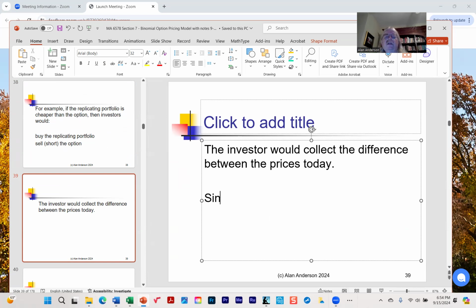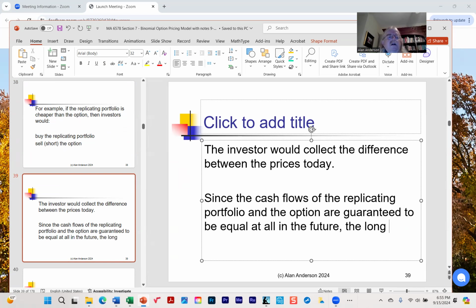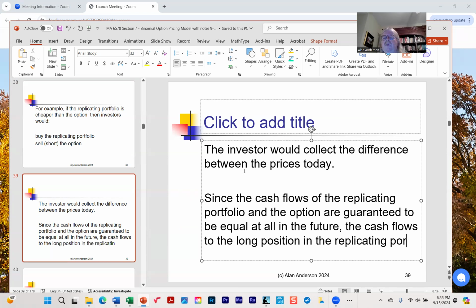Now in the future, since the cash flows of the replicating portfolio and the option are guaranteed, remember, we assume that they're guaranteed to be equal at all points in the future, the cash flows to the long position in the replicating portfolio will exactly offset those of the short.